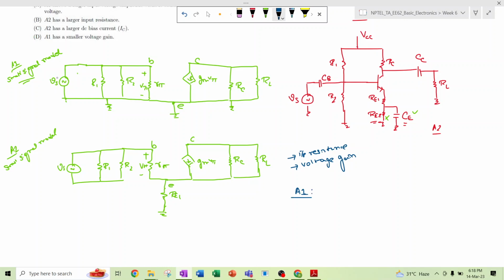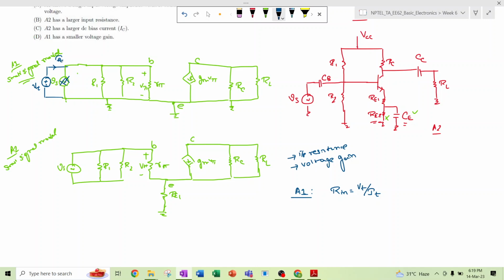To find the input resistance, we detach Vs, the source signal, and attach a test voltage Vt, and we consider that some amount of current It is flowing from Vt. If we calculate Vt by It, that will be the input resistance. So we ignore the source voltages.